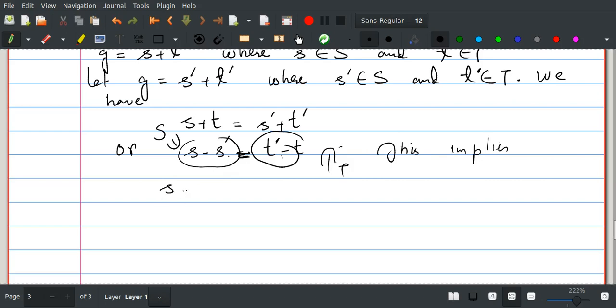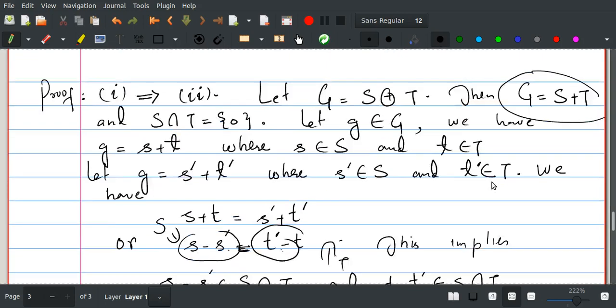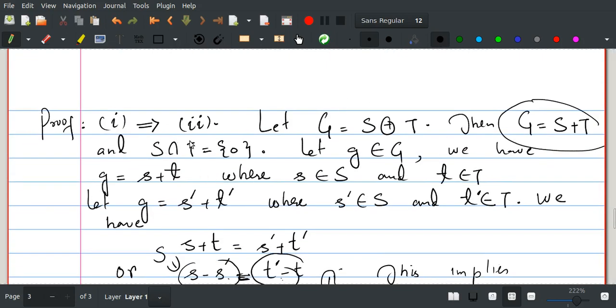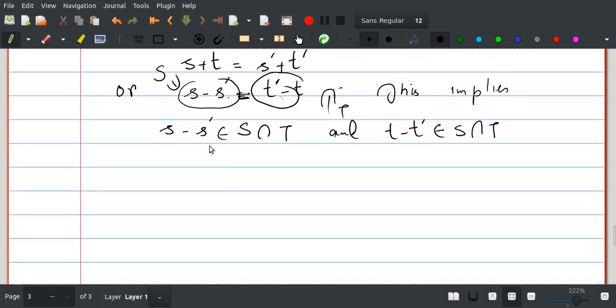S minus S prime is in their intersection, because if something is in S as well as in T, then that something is in their intersection, and T minus T prime is in S intersection T. Now, by hypothesis, S intersection T is singleton.